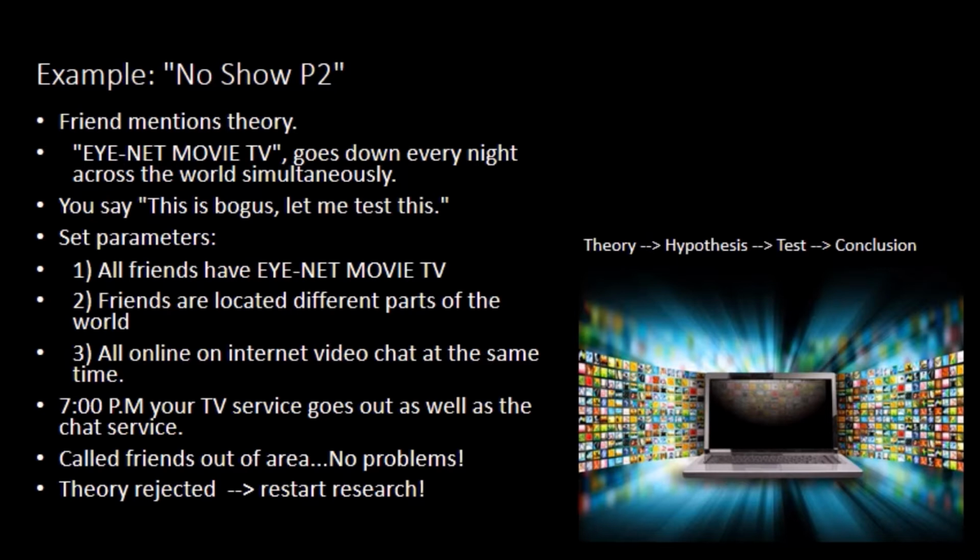Simultaneously, friends must be watching iNet Movie TV with you at the same time. So you've set your parameters. You've then tested the theory, and that theory doesn't hold up. So you make some more observations, you do some more research, and presto, you have a conclusion.